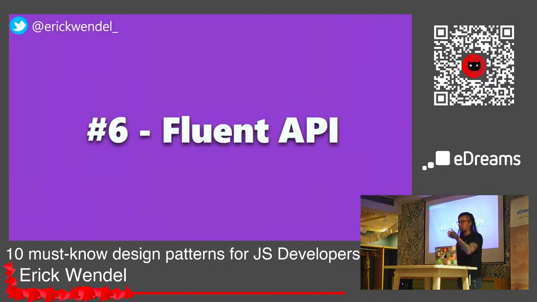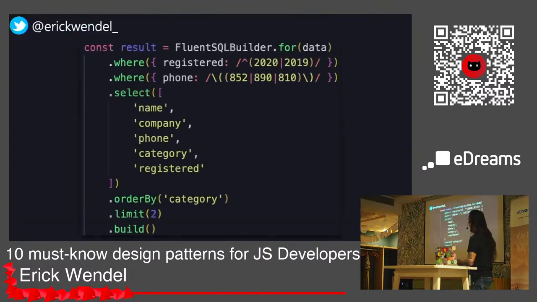So I noticed Builder and Fluent API are very similar. The difference is with the Fluent API you can call the same function different times. So this example is a YouTube video I made, making a Fluent SQL builder. So we're gonna call each different function, but this does not perform anything on the database.